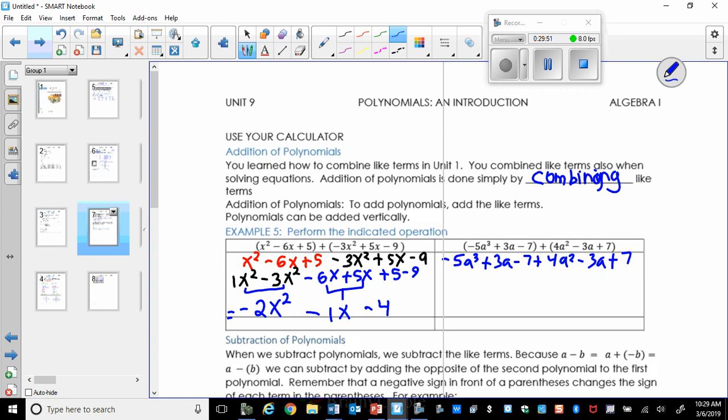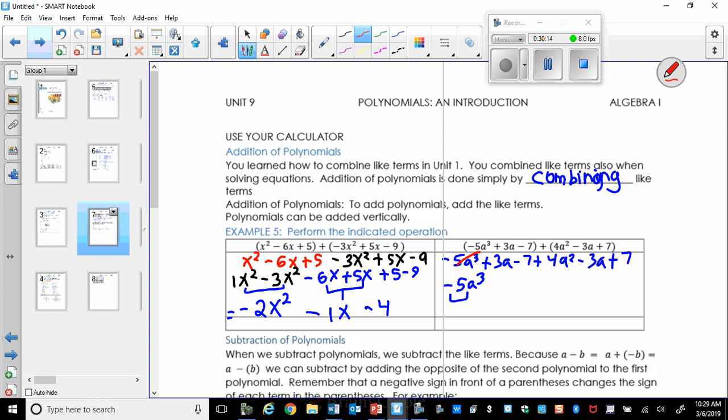Next thing, I said rearrange or group the terms. So negative 5a cubed. Is there a term I can group with that? No. So I'm going to put a little box there so I know not to group it with anything.